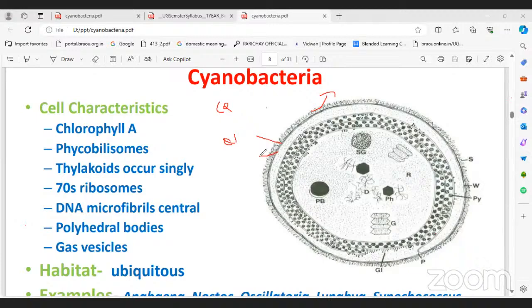Cyanobacteria, like bacteria, are prokaryotic. Right, tell me what are the cell organelles in prokaryotic bacteria?